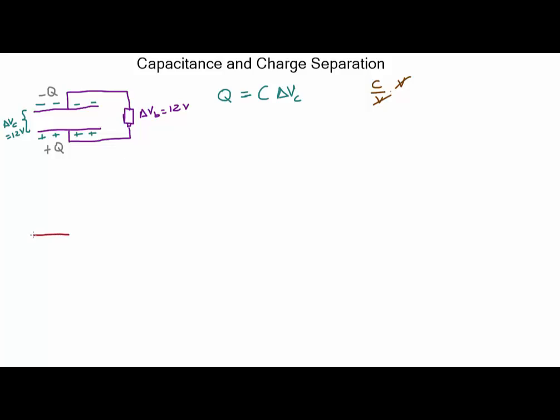Let's say I have a capacitor here that's got a capacitance of 2 microfarad. You'll remember from the previous video, let me just quickly review, that capacitance comes from the physical properties of the capacitor.